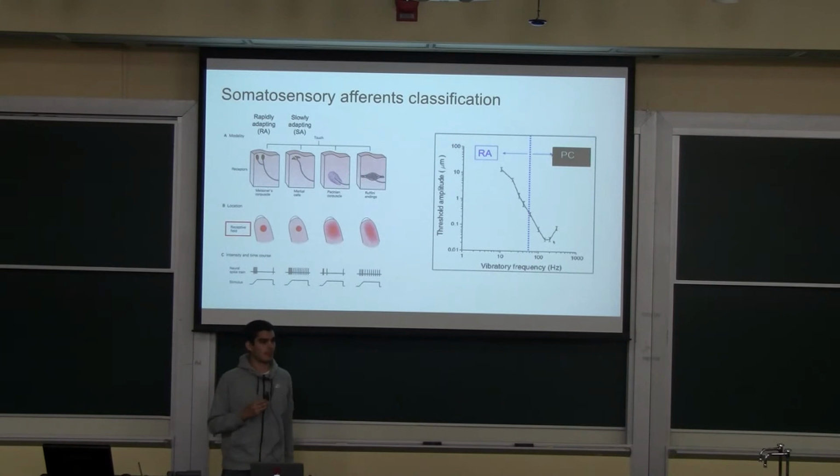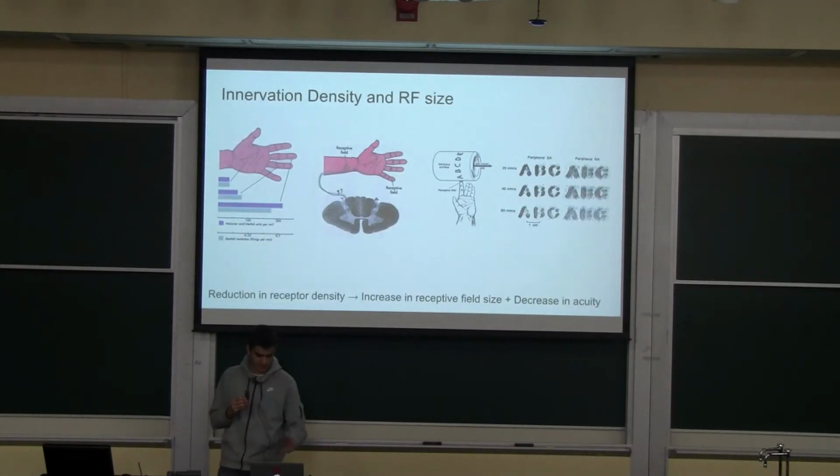Yep. The receptive field is related to the density of receptors, right? Yeah, that's exactly it, the innervation density, and I'll have a slide showing that nicely. Any other questions? It's pretty intuitive, and this is exactly what you're asking about. So innervation density and receptive field size are obviously very linked.